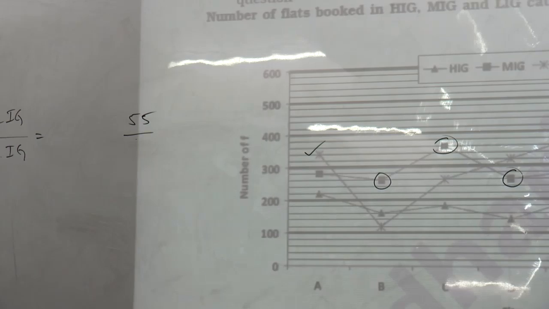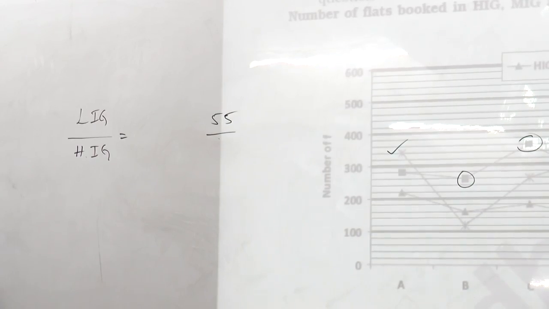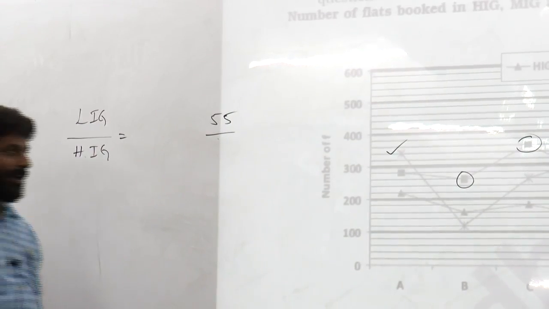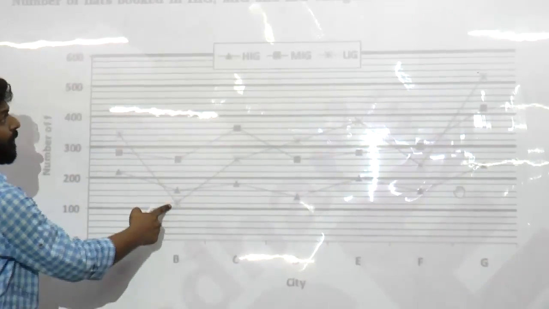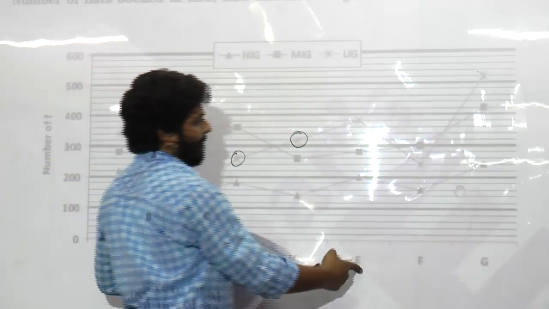So for the previous question we have calculated LIG flats from 3 cities, right? A, F, G. Remaining B, C, D, E. Here also let's concentrate on the number of lines.